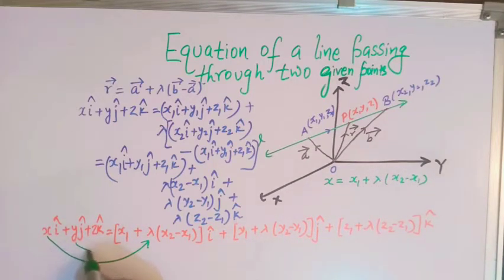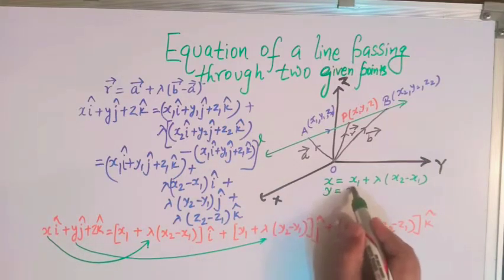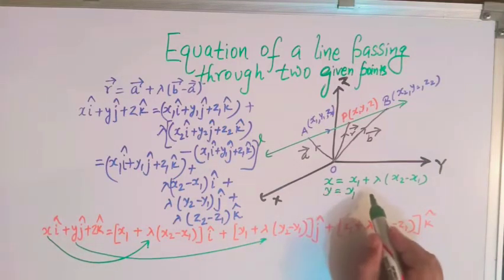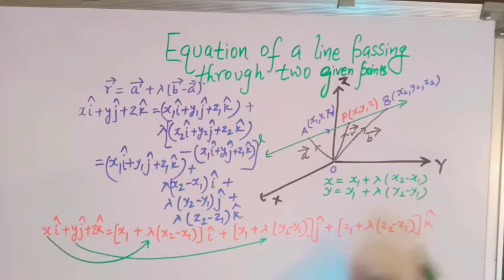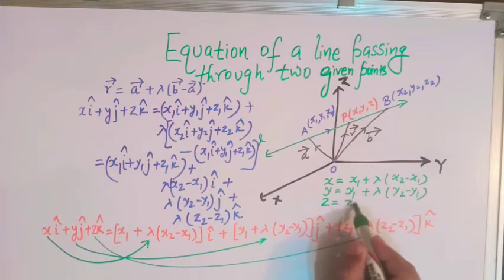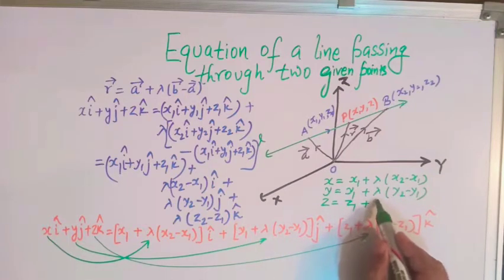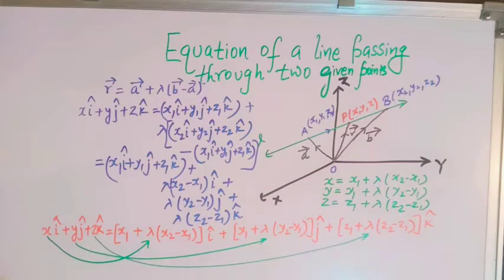Similarly, y can be written as y1 plus lambda times y2 minus y1, and z is equal to z1 plus lambda times z2 minus z1, right?